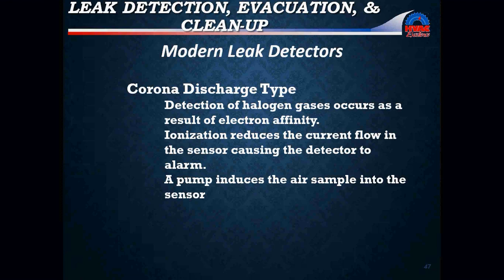This type of detector is made to detect fluorine and chlorine atoms in the refrigerant. Detecting fluorine is much more difficult than detecting chlorine. Major changes in tip sensitivity and circuit gain were required, and some detectors are designed with separate circuits and a manual switch for variable gains to sense CFC, HCFC, and HFC refrigerants.